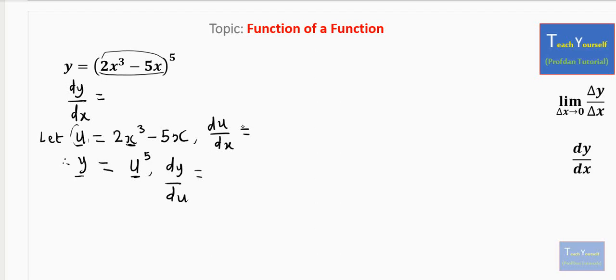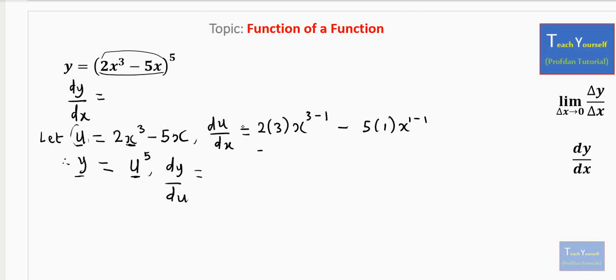For this one, if you apply the general rule, please check our previous video on differentiation by the general rule. This is going to give us 2, we drop the power 3, then we have x raised to power 3 minus 1, minus 5, drop the power 1, then we have x raised to power 1 minus 1.